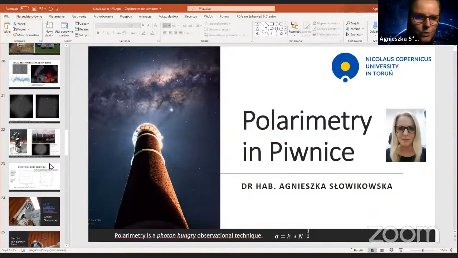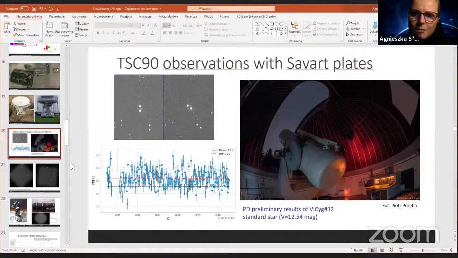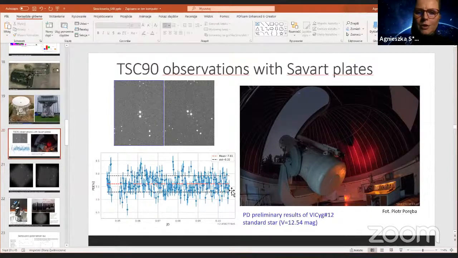I don't have such a plot yet, but I should really prepare it: the error as a function of the brightness. But for example, this standard is 12.5, and we can get 0.3 polarization degree.